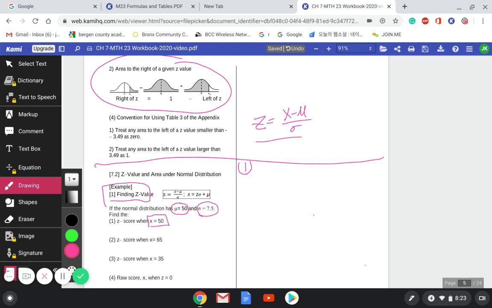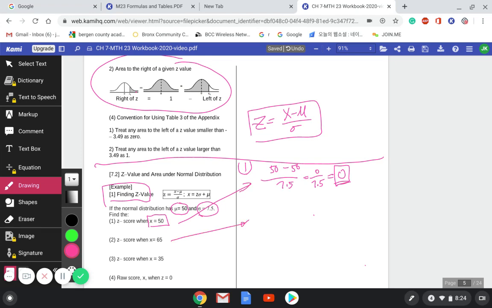Since x is 50 and mu is 50, you get 50 minus 50 divided by 7.5, so 0 divided by 7.5. Anything with a 0 in the numerator turns into 0 as long as the denominator is not 0. So the z-score for question number 1 is 0.